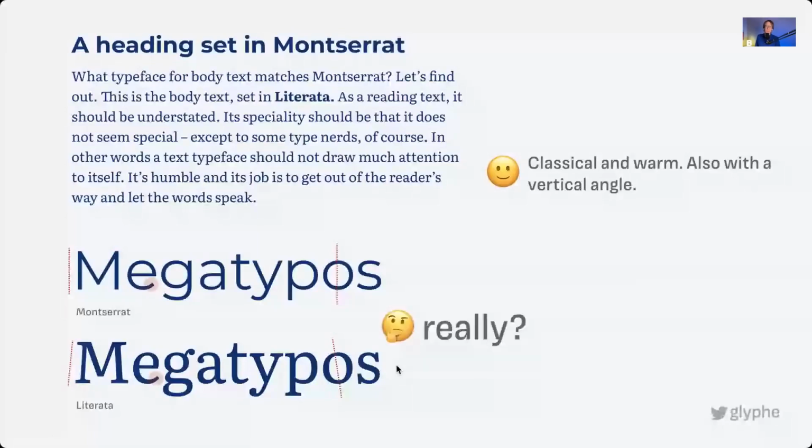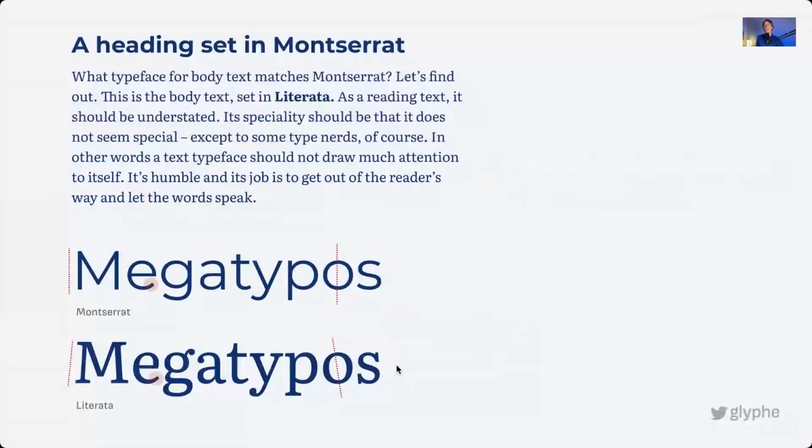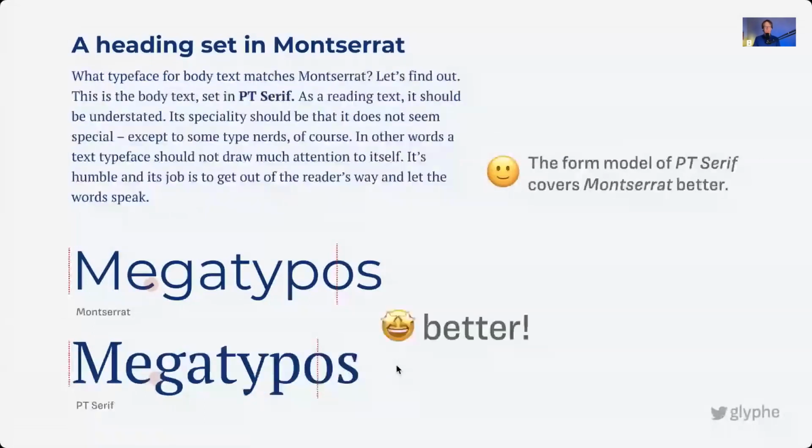Classical and warm, but is it really? Maybe Type Police would show up here again. If I took a look at the matrix and thought about it again, maybe it would be working. It would be working with PT Serif better, since this is a bit more restrained, straighter. But here again, it always depends on the vibe you want to create and how things should interact and should feel, I think.